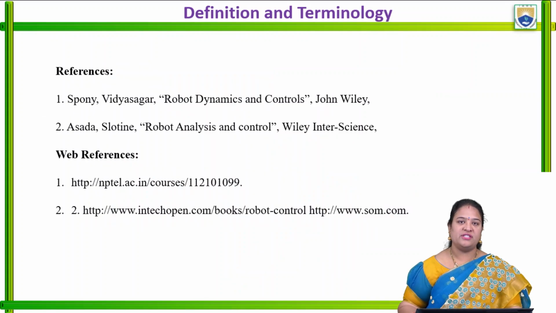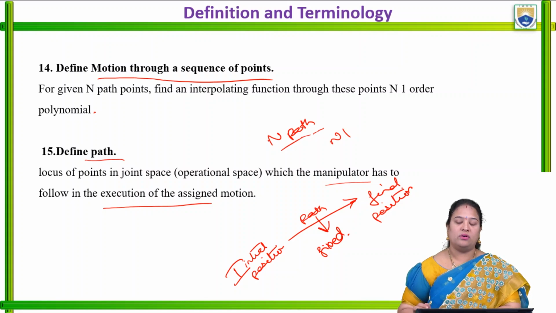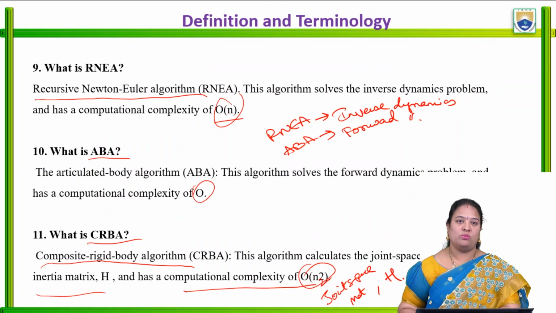So these are the references which we have gone through. In today's session, we have learned what is meant by a path function, what we mean by motion through a sequence of points, what a space control is, and the difference between a fixed base robot and a floating base robot.